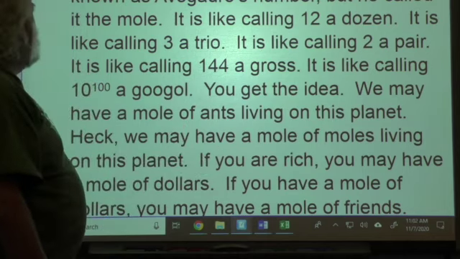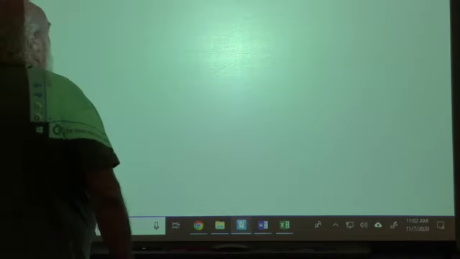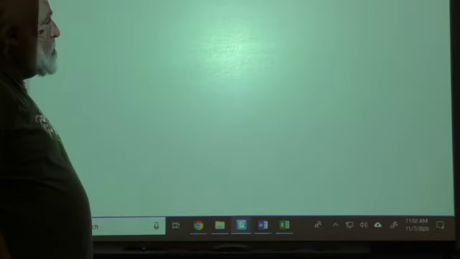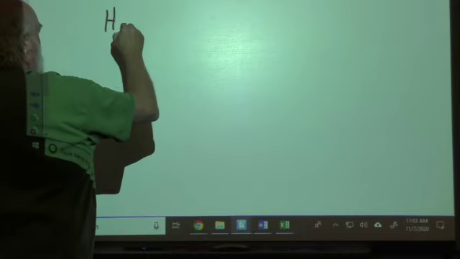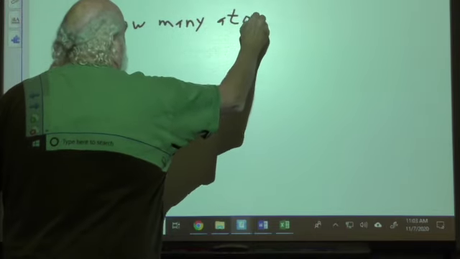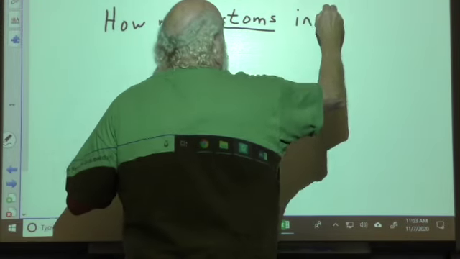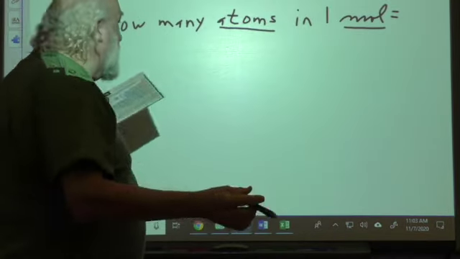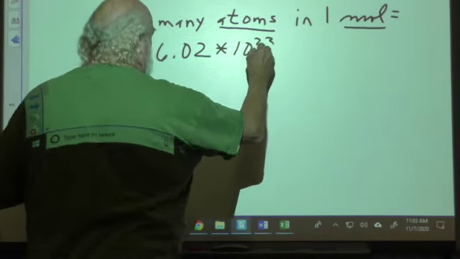So let's take aluminum as an example. Aluminum's element number 13. Now, if I want to know how many atoms, and the key here is atoms, in 1 mole, well, a mole, by definition, is 6.02 times 10 to the 23rd.